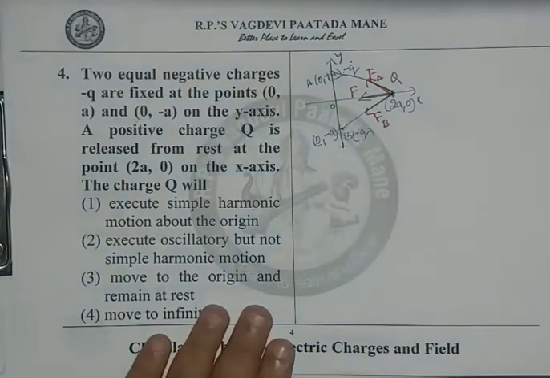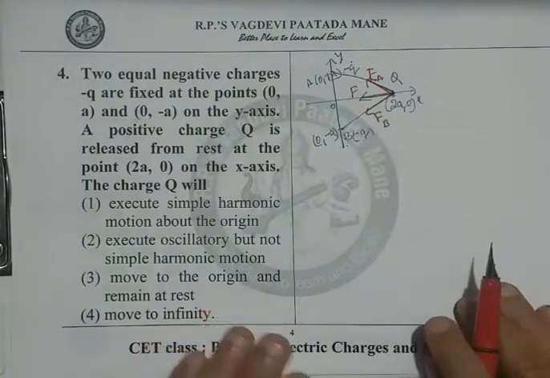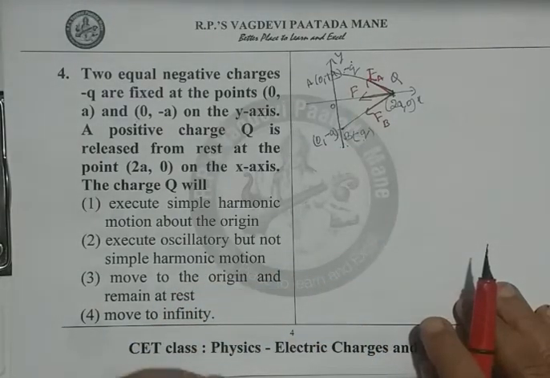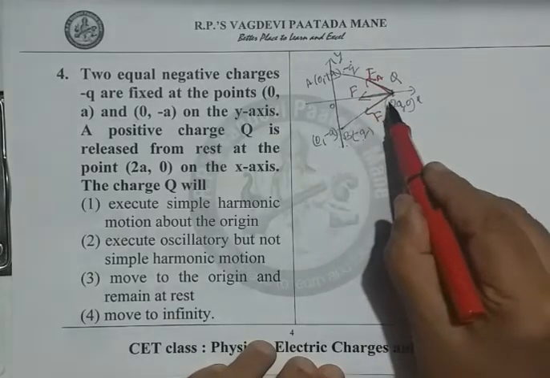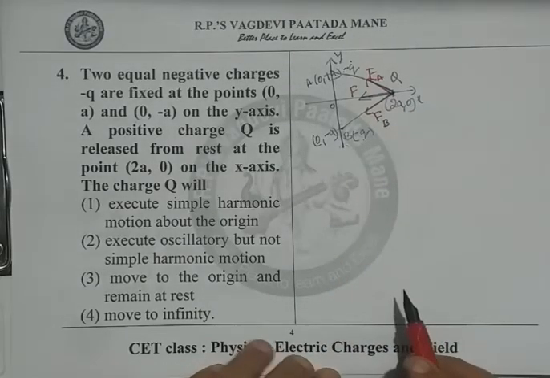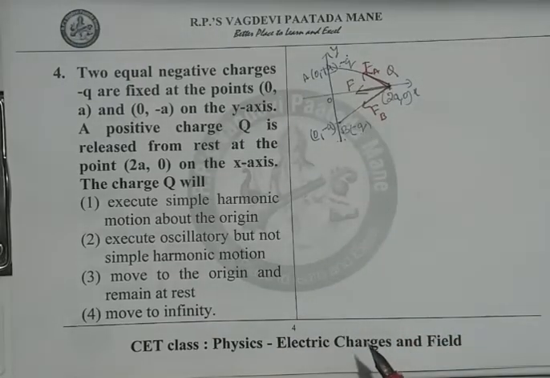But the problem is whether this charge is going to perform SHM, simple harmonic motion, or not. As we can see from the above discussion, this charge is continuously oscillating. But we cannot say it is SHM because electrostatic forces are inverse square law forces, and the net force may also depend on the inverse square of the distance.